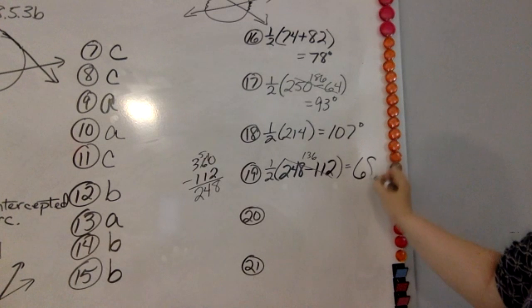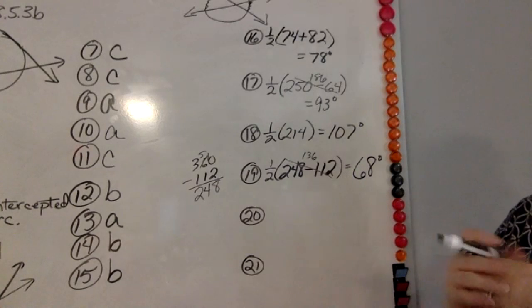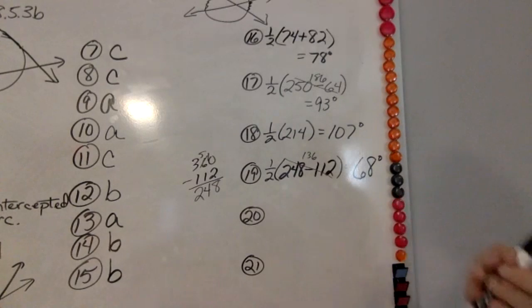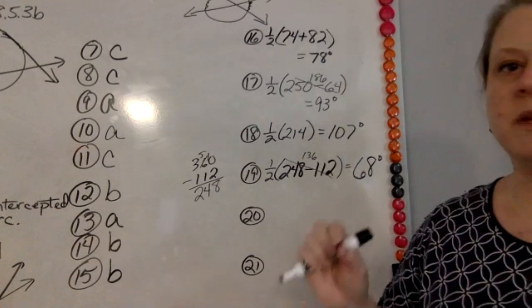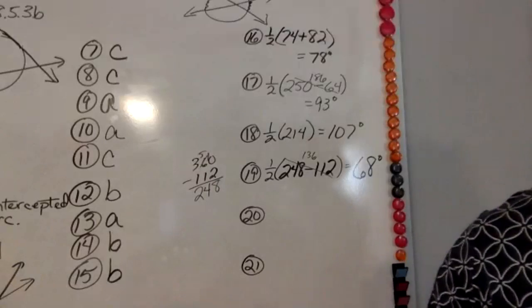I got 68. It's 68 degrees. Okay. So you've got 3 different types of problems, but if you look at the picture, then you can figure out what we have to do.